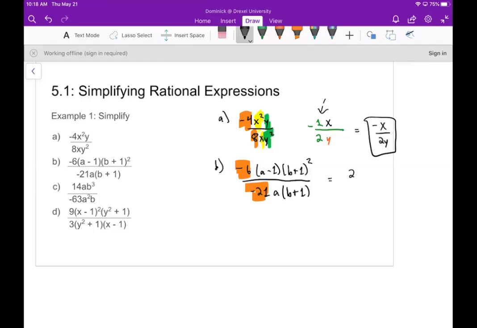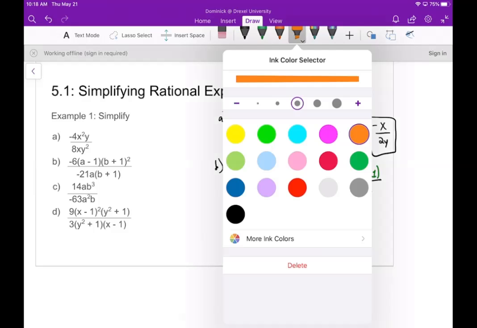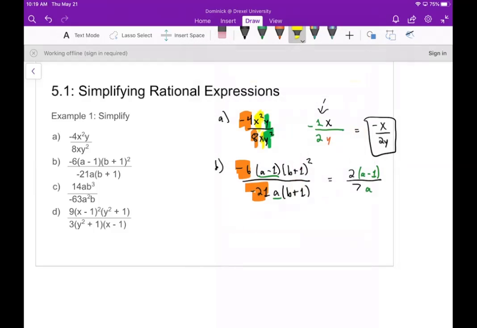That's going to leave us with a 2 in the top and a 7 in the bottom. Now, what you'll notice about a minus 1 and a is that although they're close, they're not quite the same. And we don't want to distribute because then we're not going to be able to cancel anyway. So we can't do anything with either of these terms; a minus 1 and a both have to stay. But now we can look at b plus 1 squared over b plus 1. If we consider that as just a singular term, that's going to leave us with one factor of b plus 1 in the top.